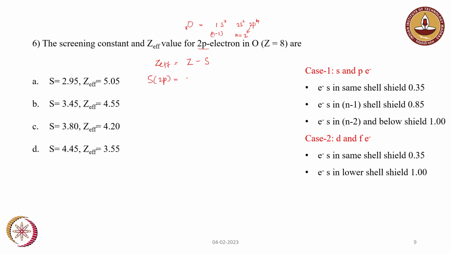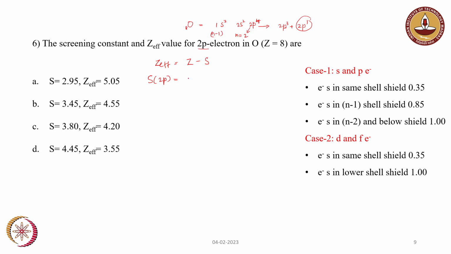So, we have 3 electrons in 2p, and since we are asked to calculate Z effective for only 1 electron, we can split this as 2p3 plus 2p1. So if we are calculating for this 2p1, there are 3 other electrons in 2p.